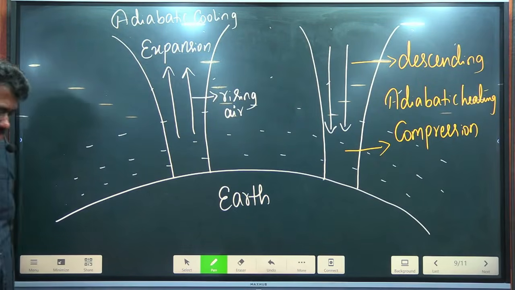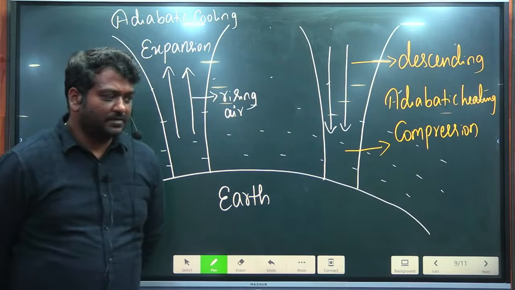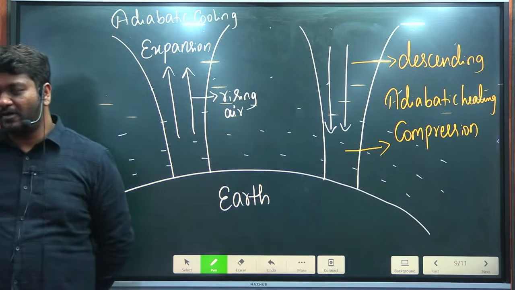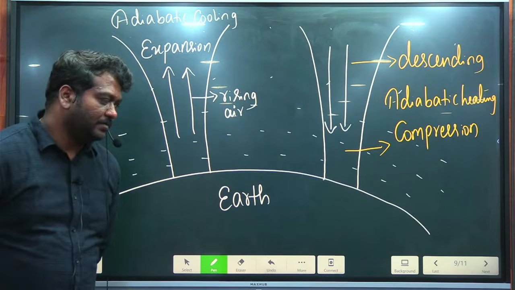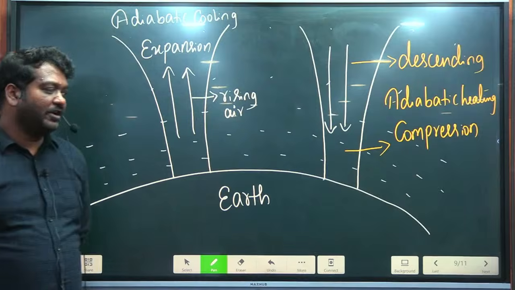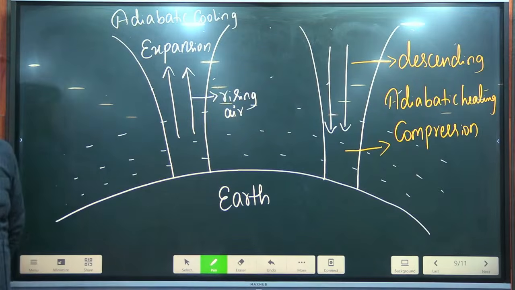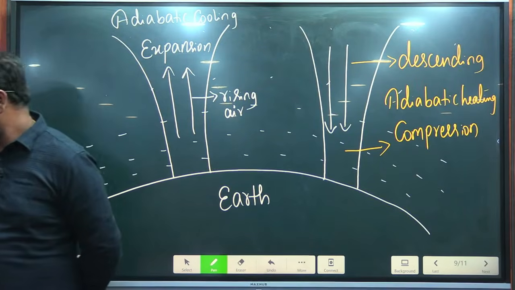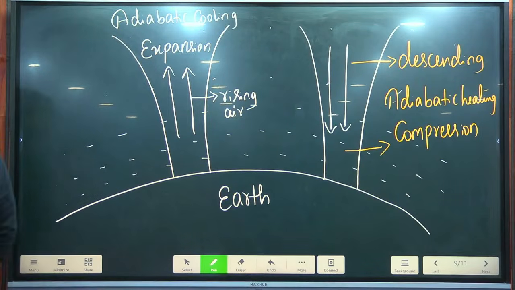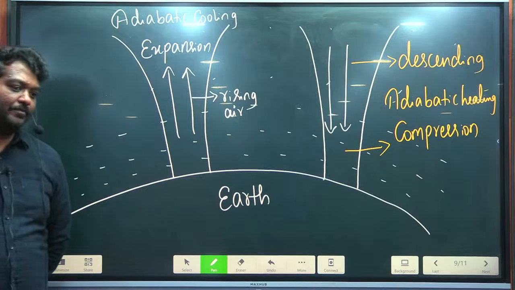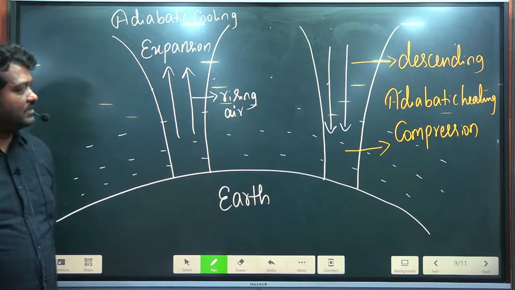Full stop. As air cools, it would lead to cloud formation and gives rainfall.